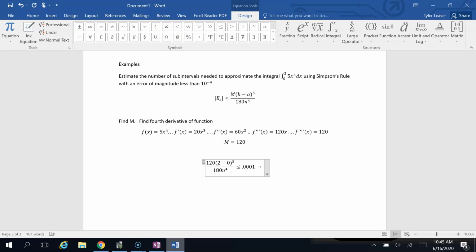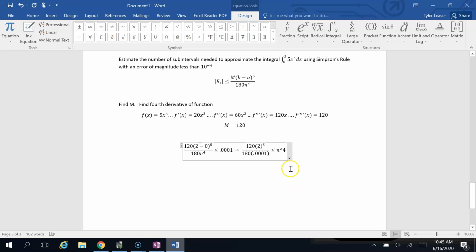All right, so we get this. On the left-hand side, we're still going to have that 120, still going to have that 2 to the fifth. We're still going to have the 180, and now we've just divided over that 0.0001, and we multiplied over that n to the fourth. So in your calculator, just figure out what all this stuff is, and then take the fourth root of it.